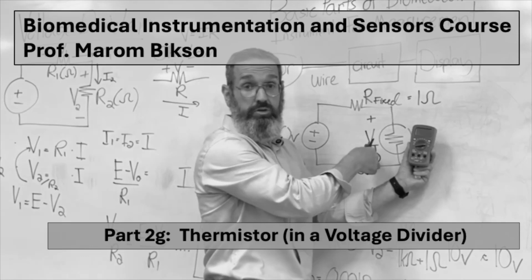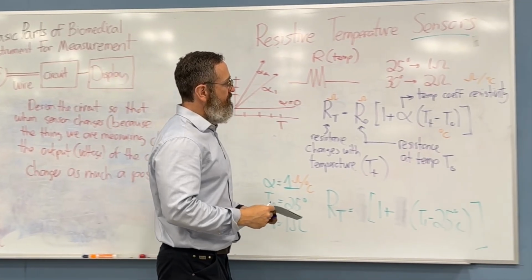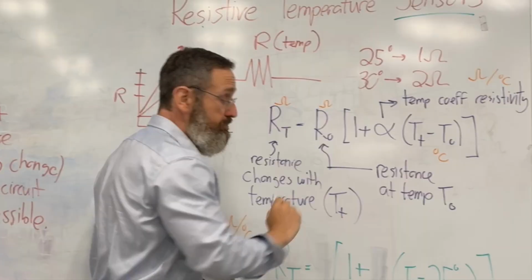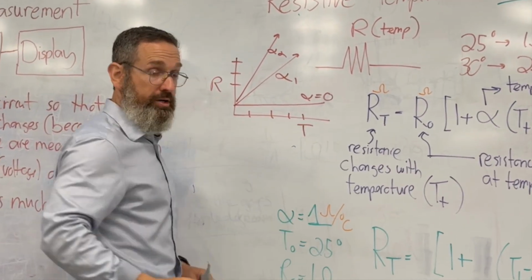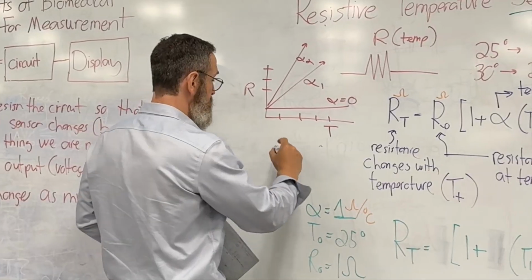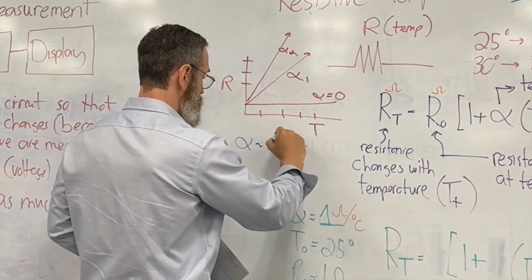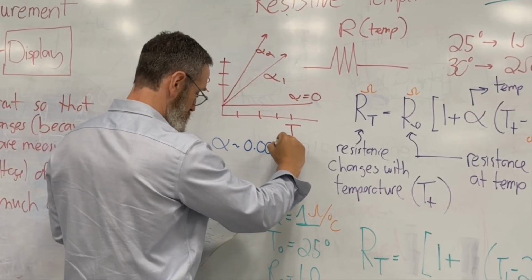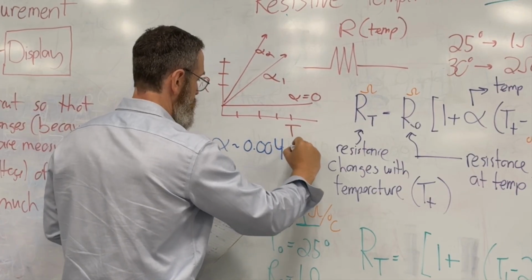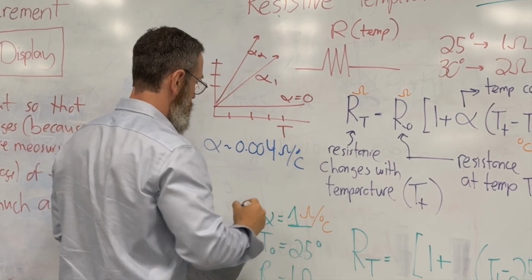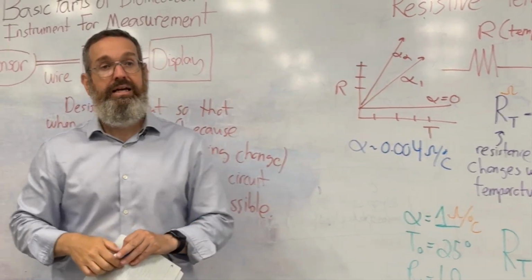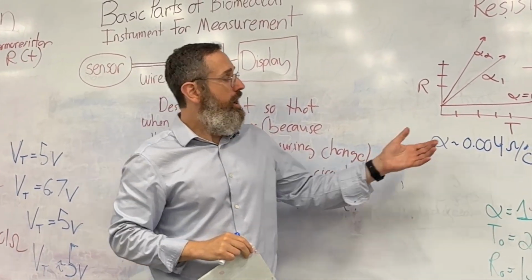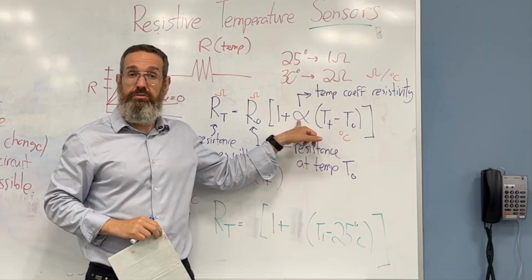Now, it turns out that for most thermoresistors, the actual temperature coefficient of resistivity is not 1. They are something more like 0.004 ohms per degree C. It turns out that the way thermoresistors are made, this value is rather small.